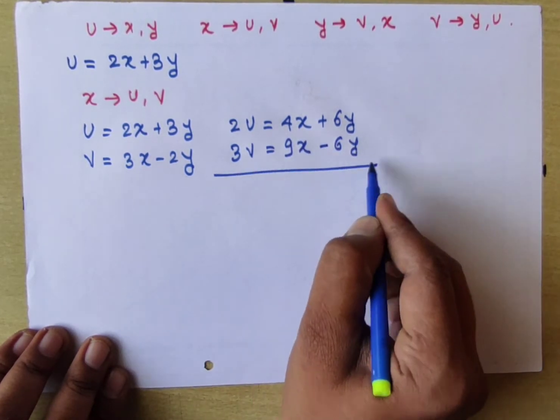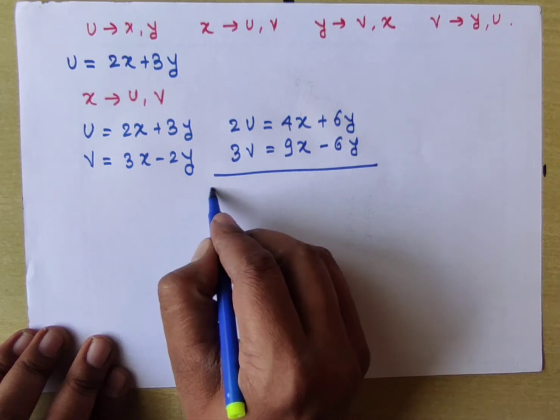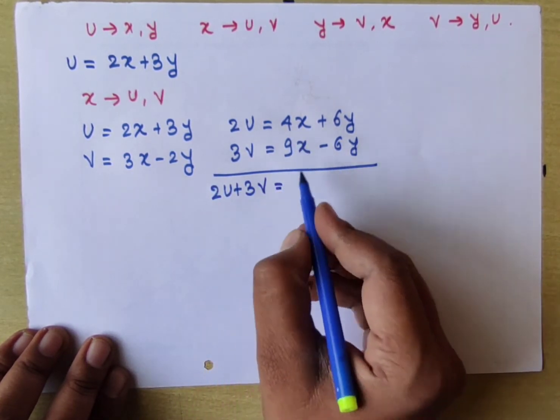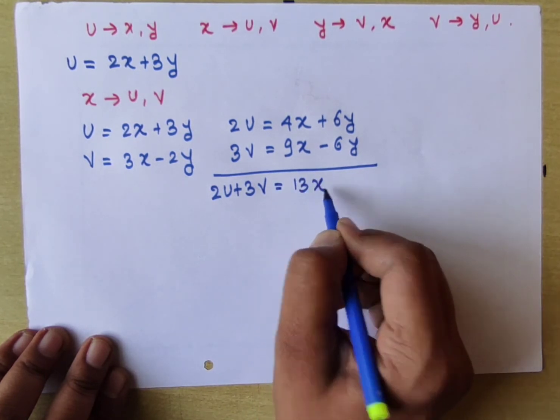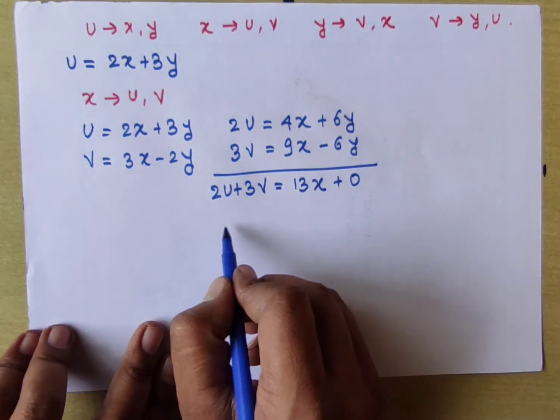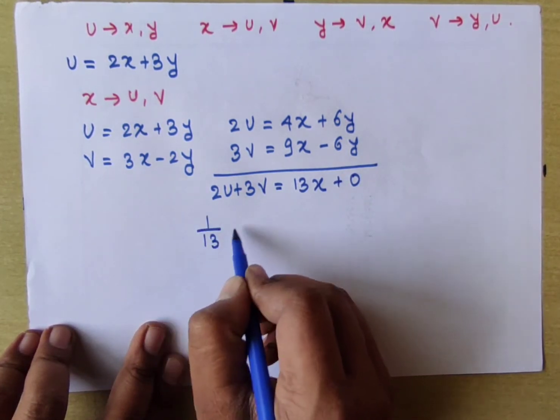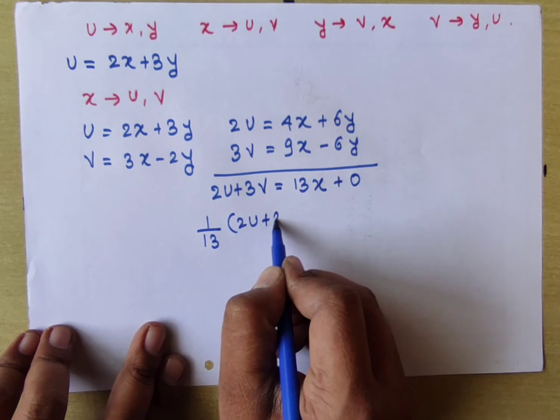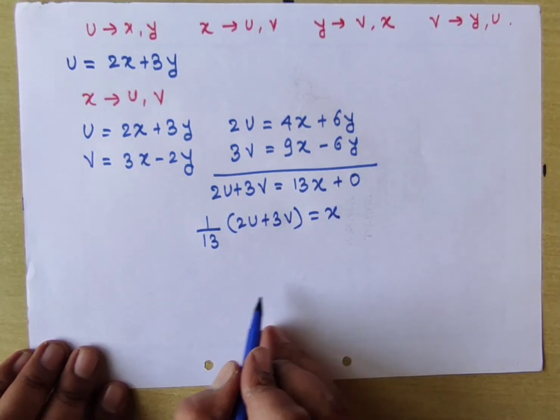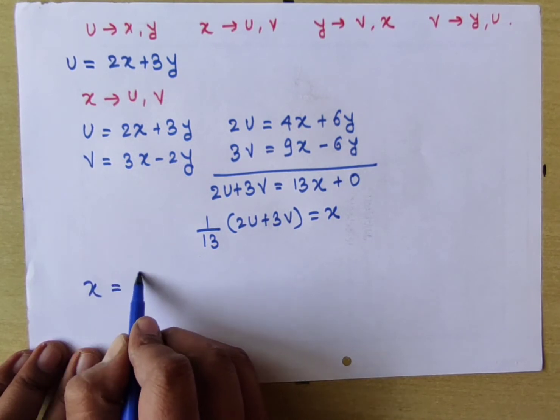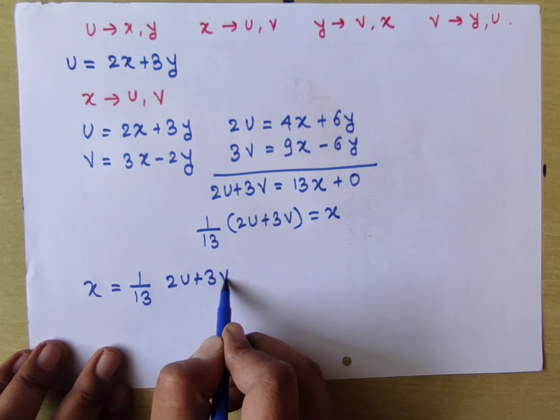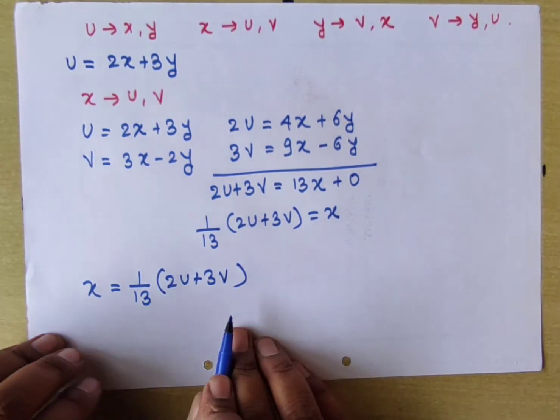By adding these two equations, we get 2u plus 3v is equal to 13x, and the y term becomes 0. So from this we get 1 upon 13 (2u plus 3v) is equal to x. So the required relation is x is equal to 1 upon 13 (2u plus 3v).